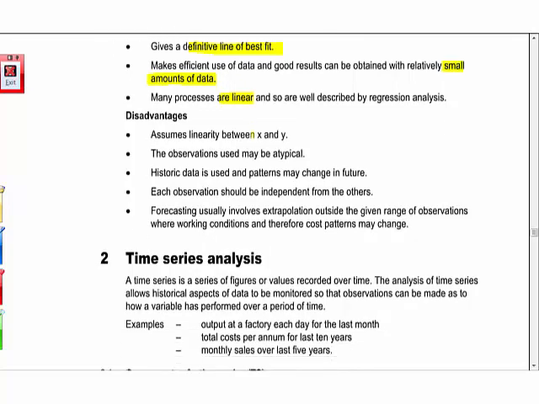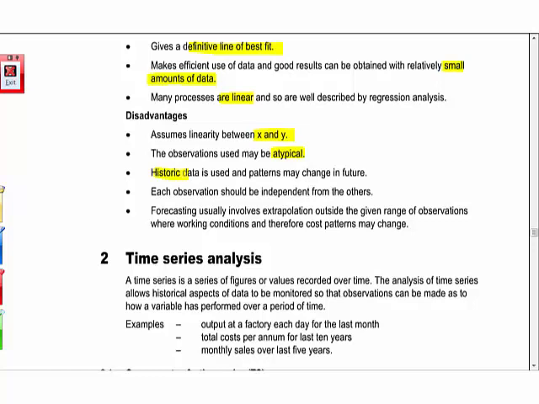However, we're making the assumption that there is always a linear relationship between X and Y, and for some things that might not be the case. Because we're including all of the data, there might be some that are atypical, which skew the results. We're also using the past to try and predict the future, and there may be changes that have not been built into this.